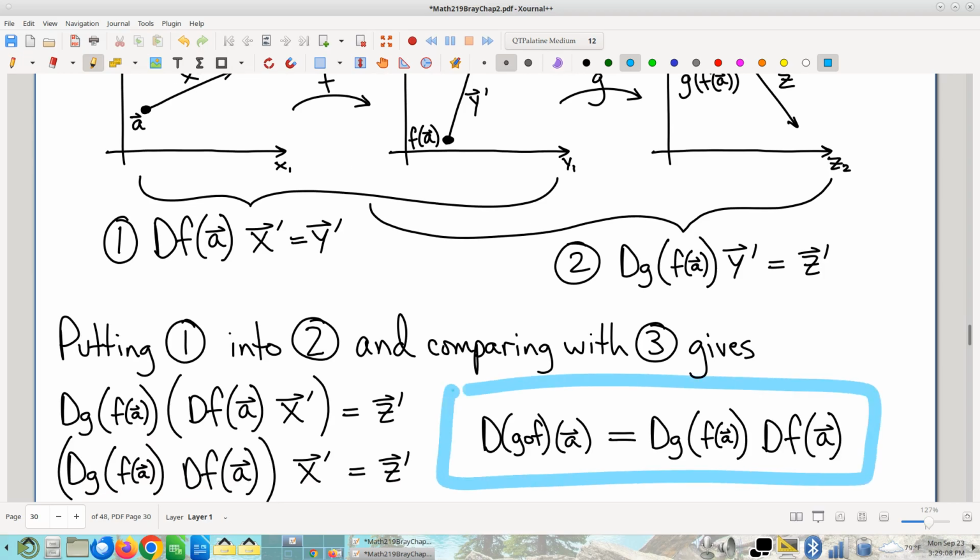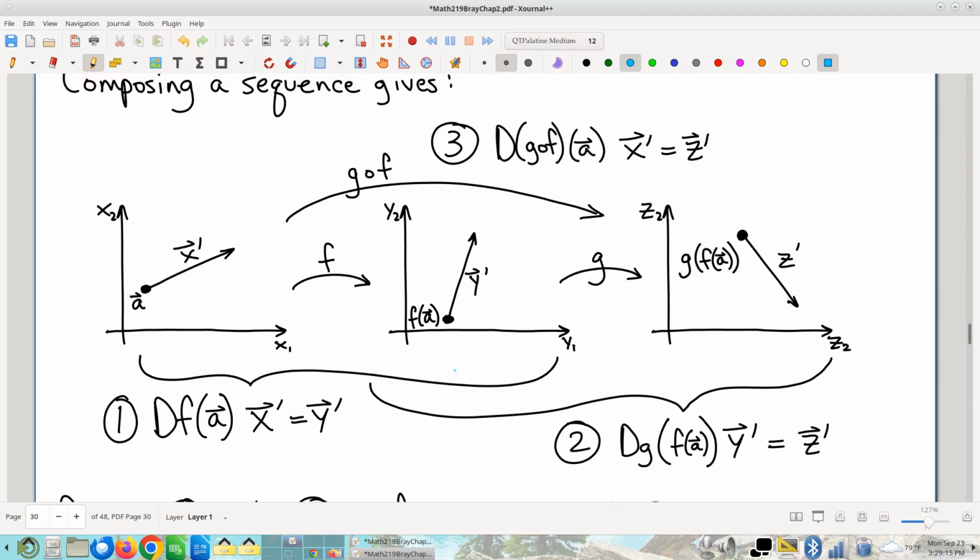We wrote down that derivative matrices multiply by making an argument that was literally about one function followed by another function and thinking about their composition.